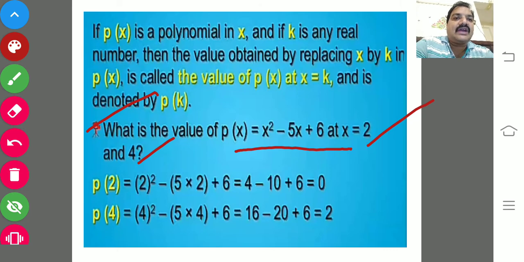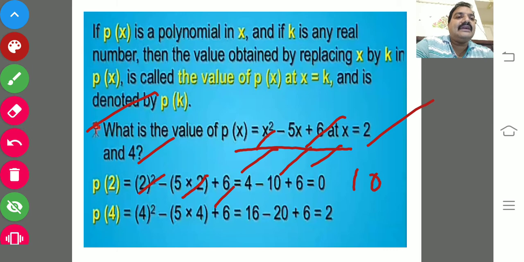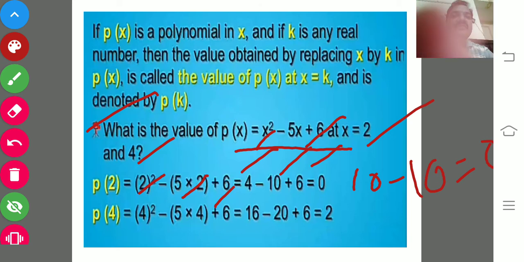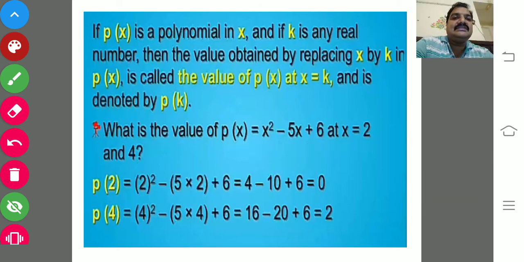Instead of x, you have to substitute 2. Here x square, 2 square. 5 into x, 5 into 2. Here 6, here 6. So 2 square 4 minus 10 plus 6. So the plus values you add, 4 plus 6 is 10, and minus 10 you will get 0. So the value is 0. Value of the polynomial is 0.